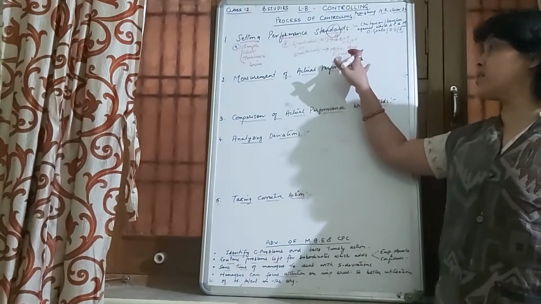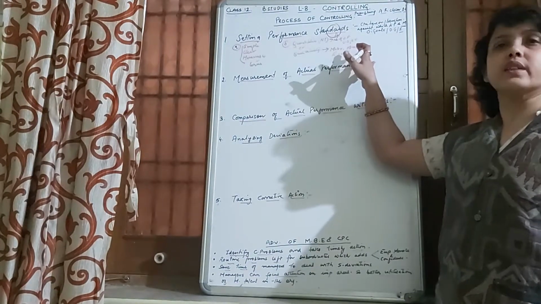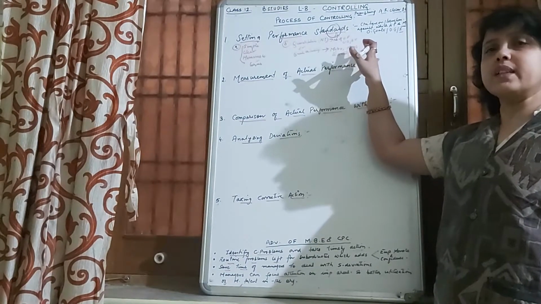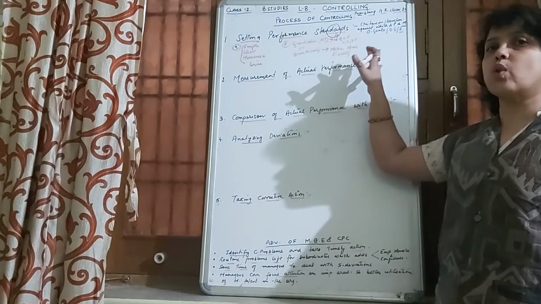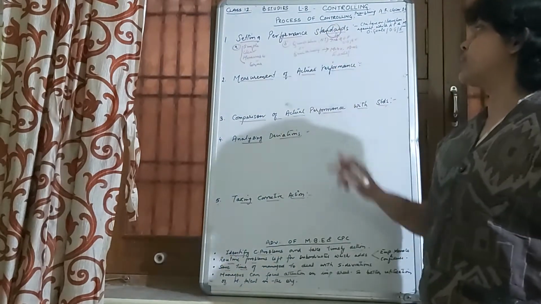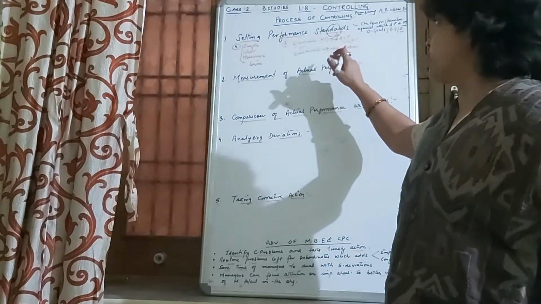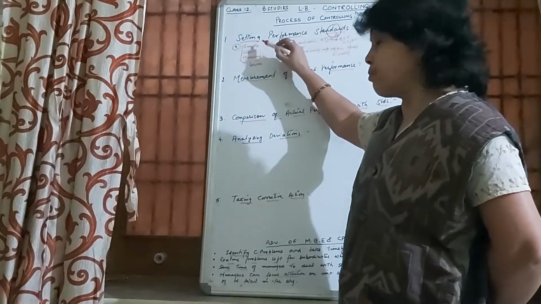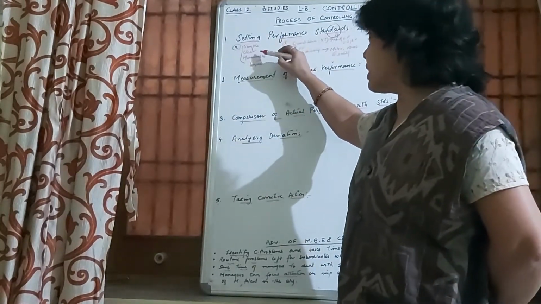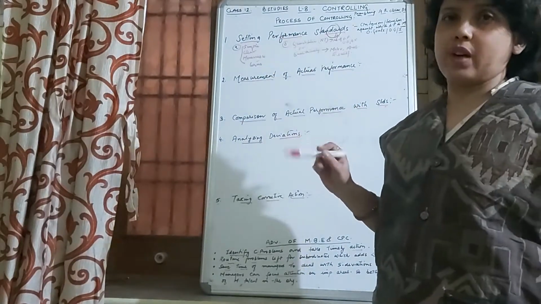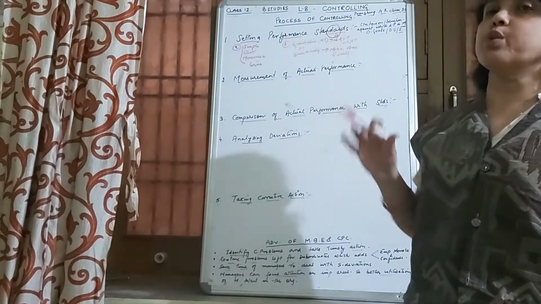It has to be set qualitatively. Whether it is set quantitatively or qualitatively, always keep in mind that the standard should be simple, clear, and measurable. How it will be measured should be clear.